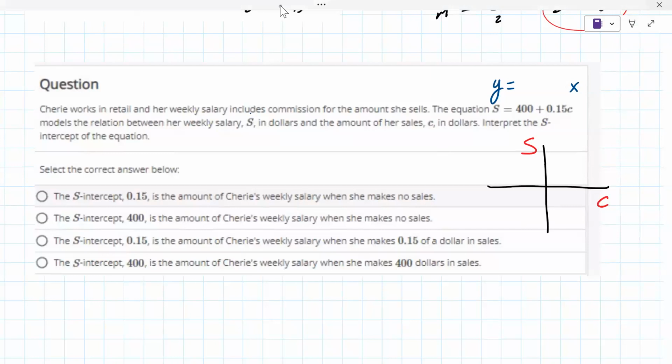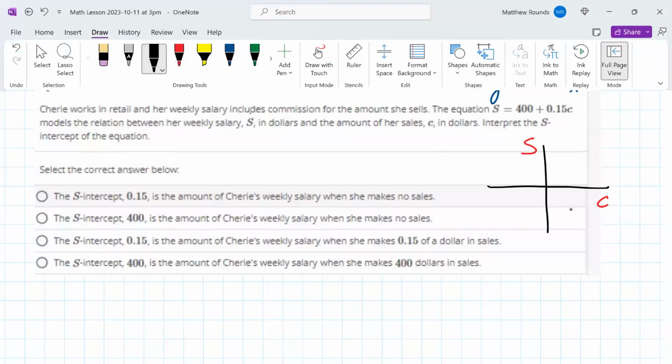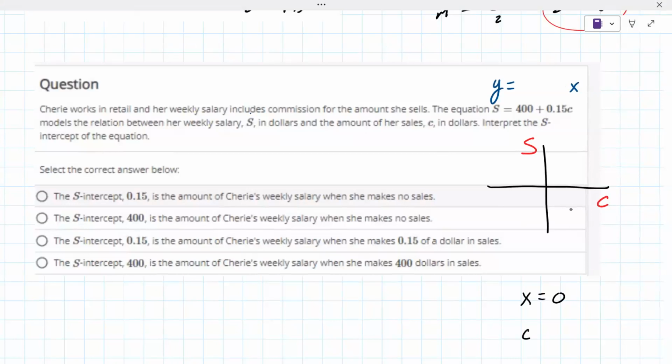So the S-intercept means that x is equal to 0, but that's really now C equal to 0, because normally it's x, normally it's y. Is that okay so far? Yeah. All right, so now what they're really asking to do is figure out what is S when C is 0. Imagine putting 0 in for C.